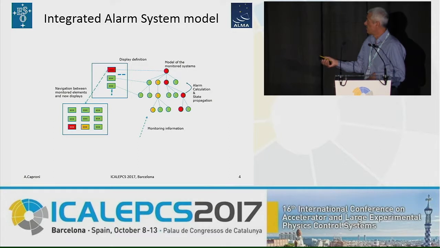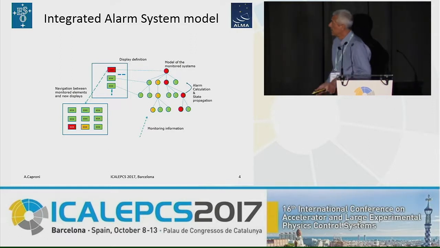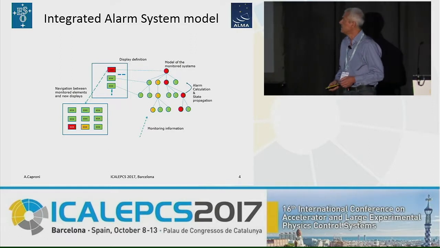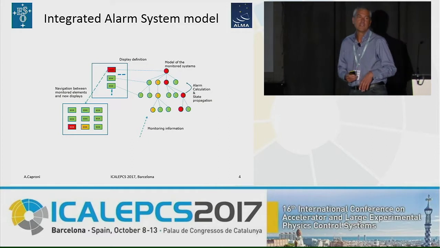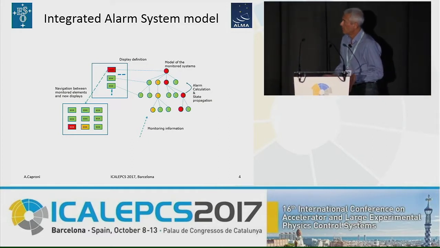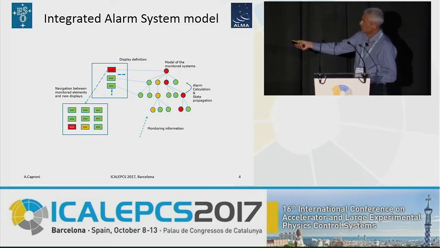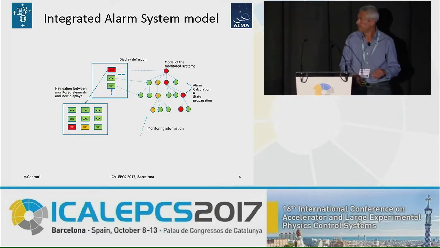We can then map the model to display elements. Here they are displayed as boxes, but they are actually more sophisticated GUIs. Then we can provide the operators with a proper interface so they can easily understand the problem. When an alarm like this is in red, the operator is in principle able to press over here and show a more detailed view of the equipment.